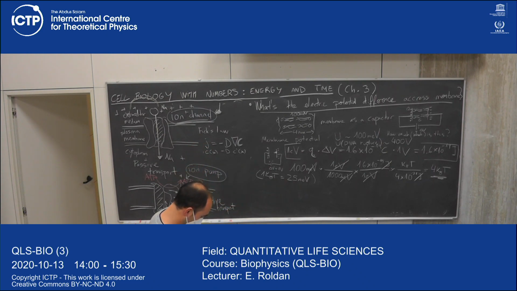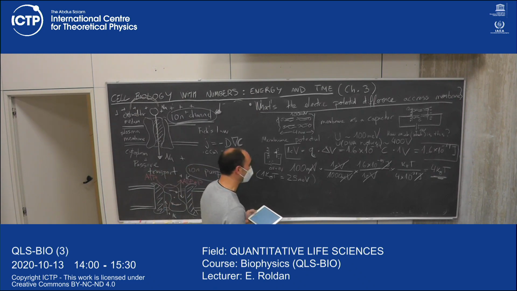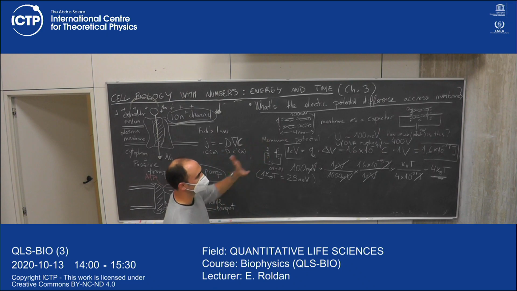One second. Yes, 1 kBT is 25, and 4 kBT is 100 millielectron volts. Exactly. Yes. All right. So this is the electrostatic energy.